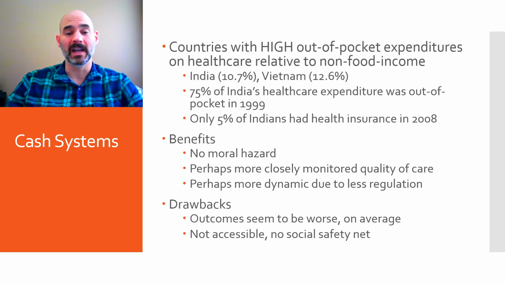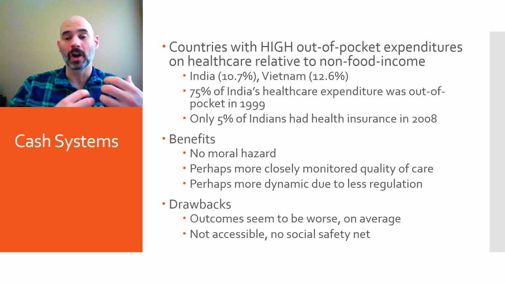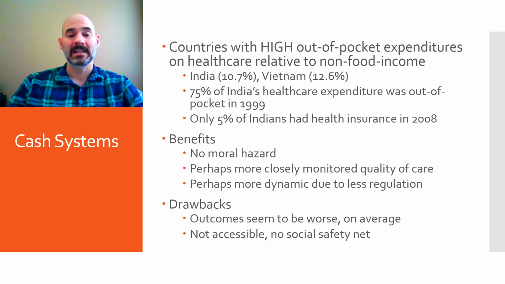maybe something along the lines of it, in a cash system, it perhaps could be more dynamic due to there being less regulation. There's less government oversight. There could be more entry and exit of firms, more kind of Darwinism, survival of the fittest within the healthcare providers, where only the most efficient, highest quality are able to succeed.